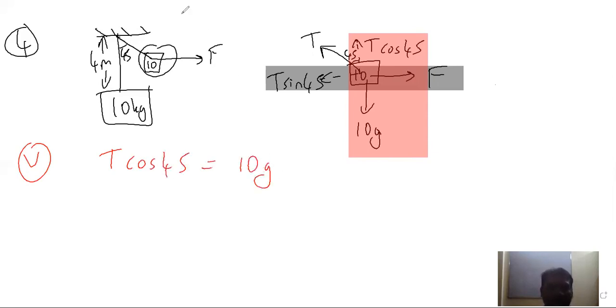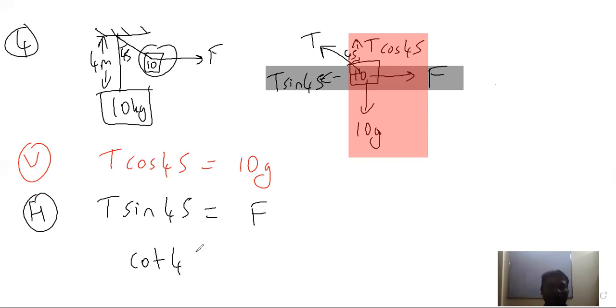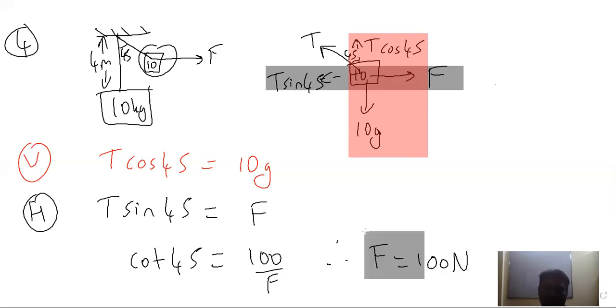And along horizontal direction, we have T sin 45 is equal to F. So if I divide these two equations, I will get tan 45 is equal to F upon 100. So F comes out to be 100 Newton again. So our answer to this question is F is 100 Newton.